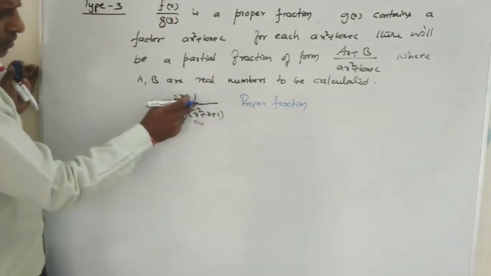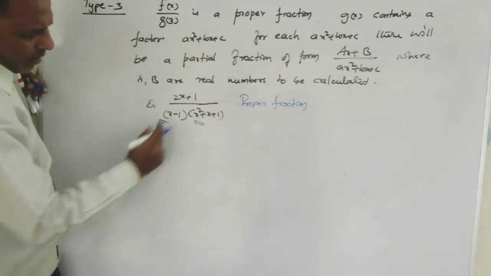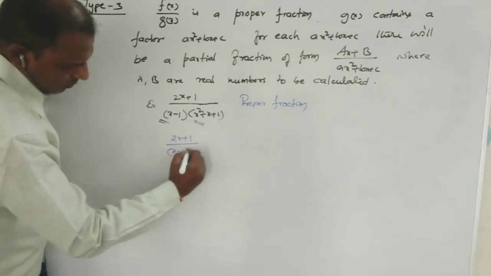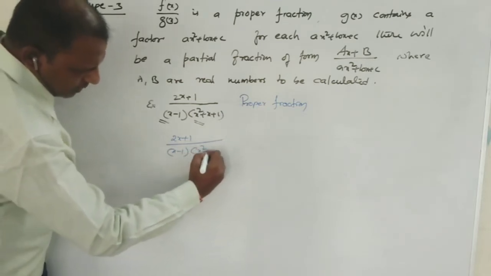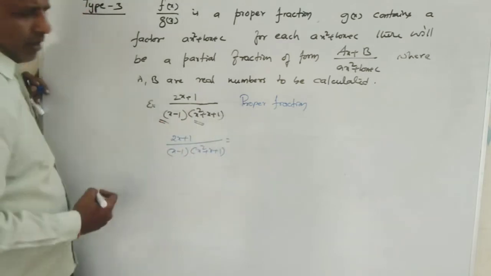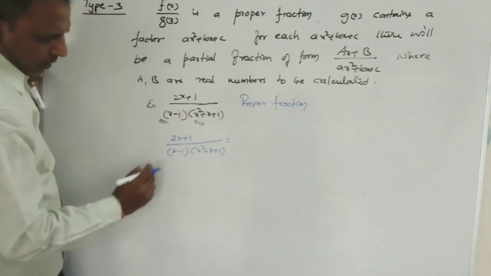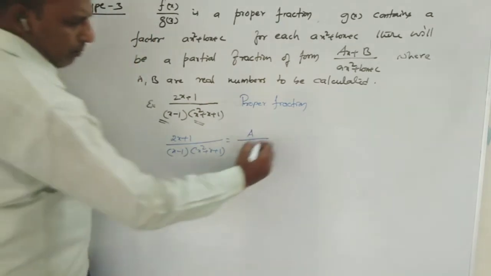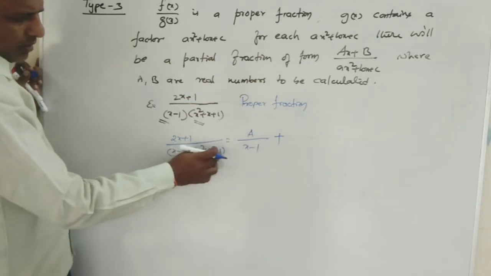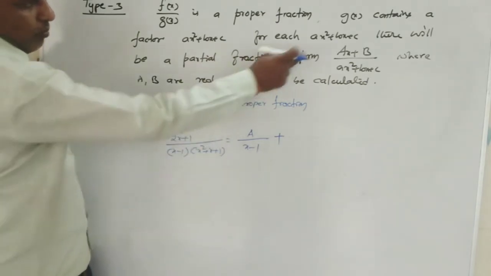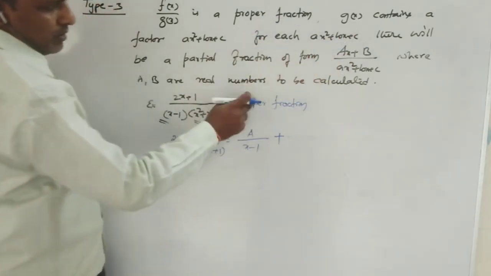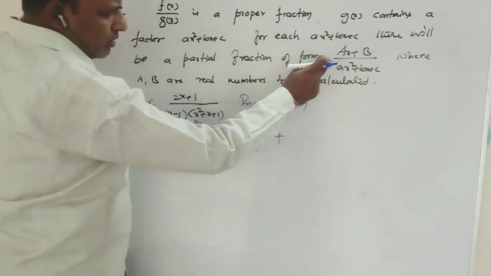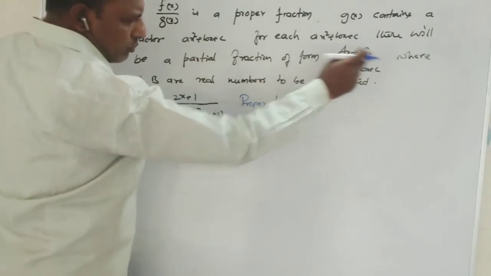How to resolve it into partial fractions? 2x plus 1 by x minus 1 into x square plus x plus 1 can be written as, for x minus 1 of type 1, a by x minus 1, plus, since x square plus x plus 1 is an irreducible polynomial of the form ax square plus bx plus c, a partial fraction of the form ax plus b by ax square plus bx plus c.